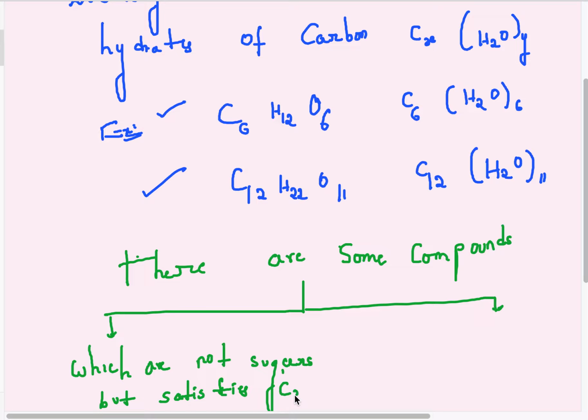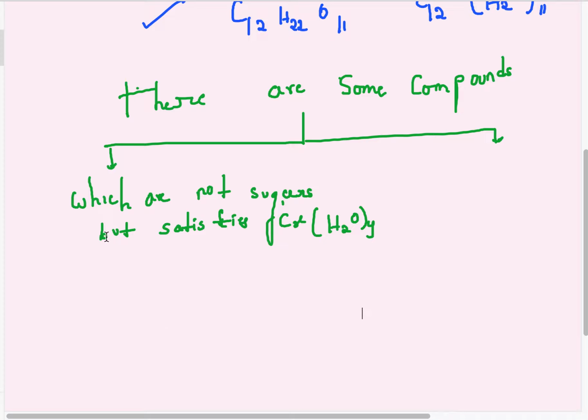What is this formula? CxH2Oy times. The best example here I am writing: CH3COOH. What is this? Acetic acid. It is not sugar, students, but it is fitting into this formula.